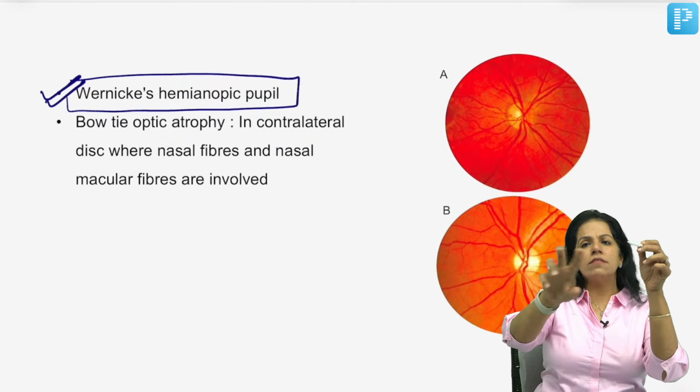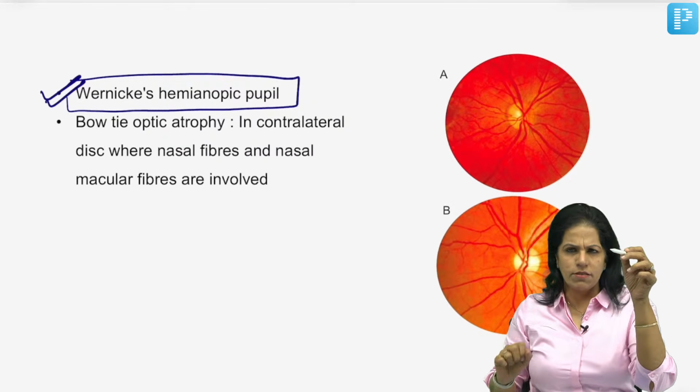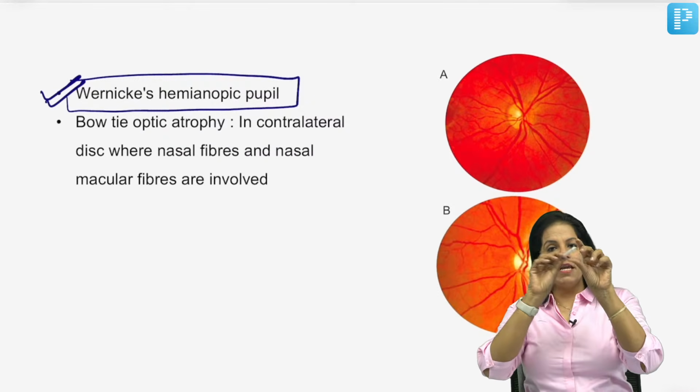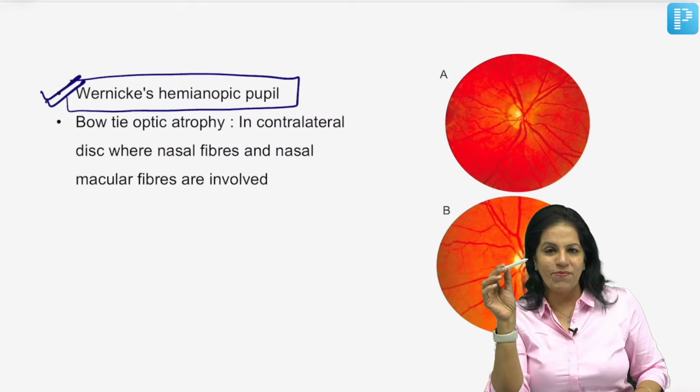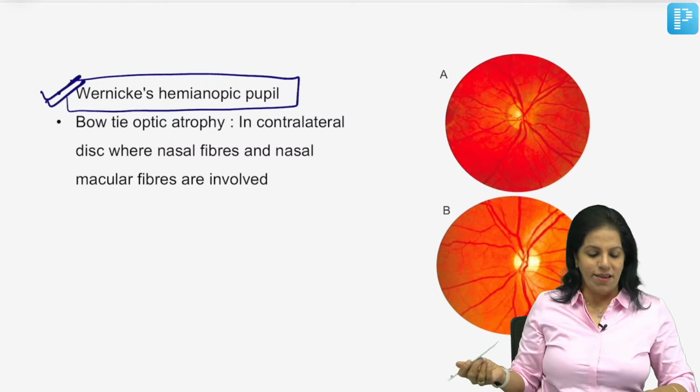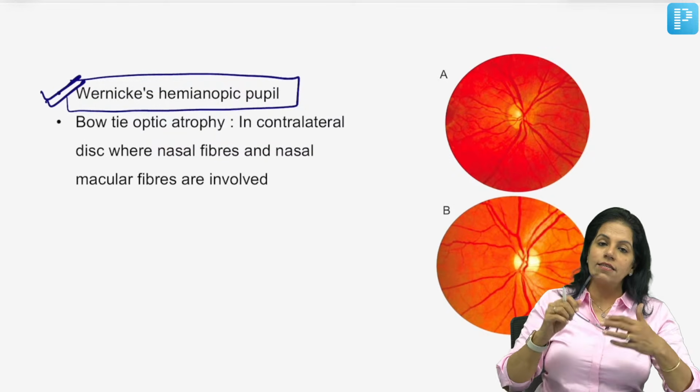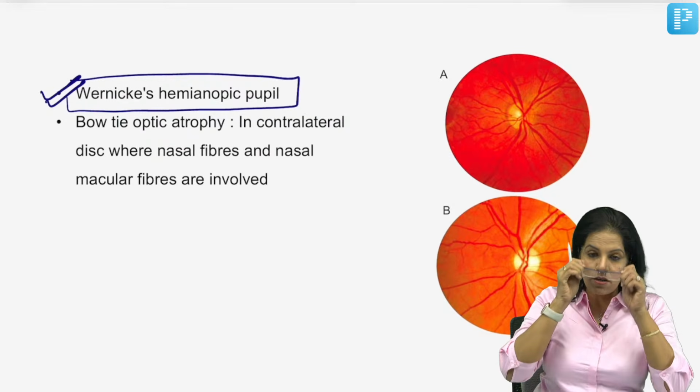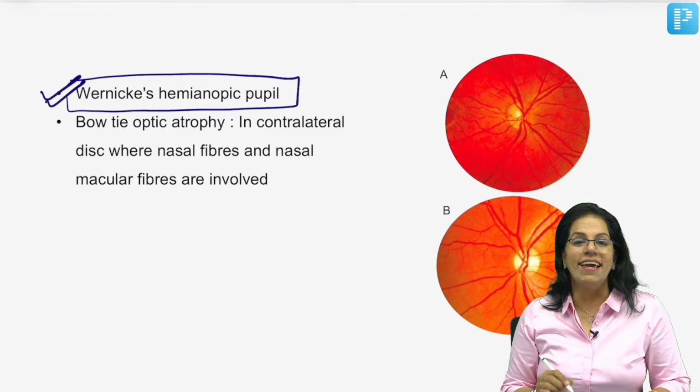So, what I see is, okay, I get a normal constriction. The reaction is normal. Now, I change the direction of my torchlight. Now, what happens? No reaction at all. How did this happen? In one direction you are getting a completely normal reaction and in the other not at all. That is what is hemianopic.